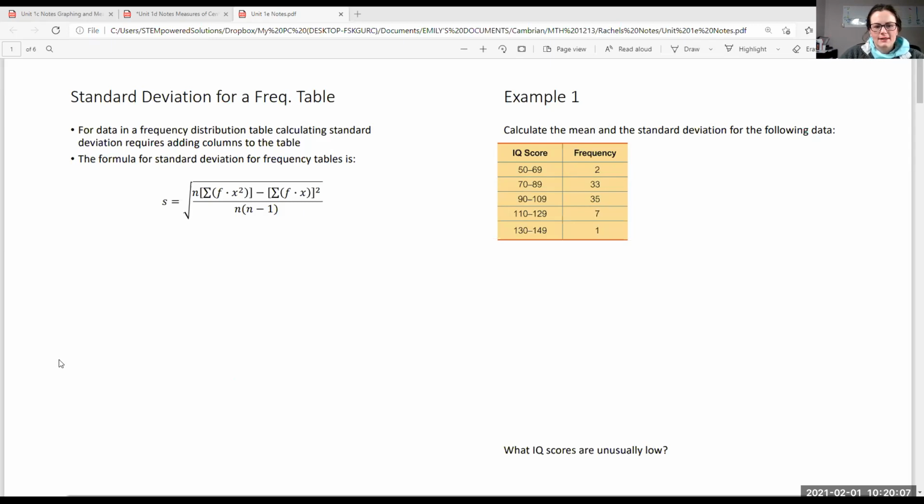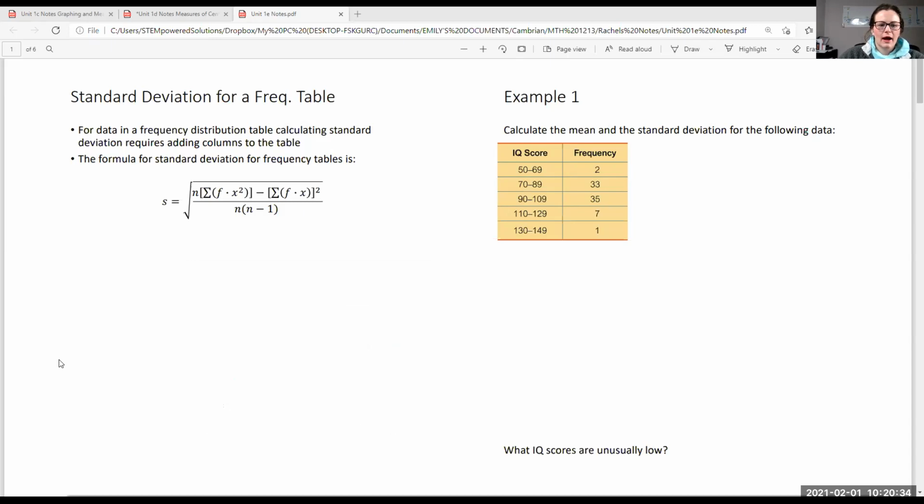Now my frequencies can be entered. I have a frequency of 2 here, 33, 35, 7, and 1. Okay. Next, I'm going to have my frequency multiplied by my X, and then that to the power of 2.